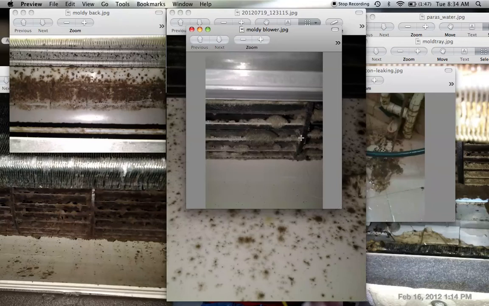Once the mold grows to this size, it restricts the airflow because it blocks the fan blades, and obviously your aircon is not scooping up air, and it affects your cooling efficiency.